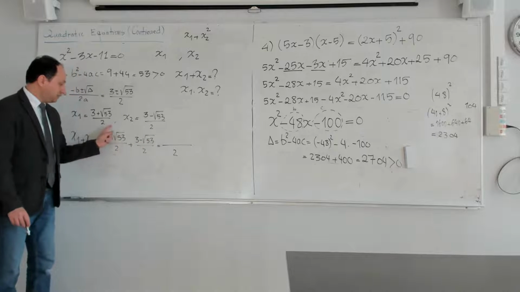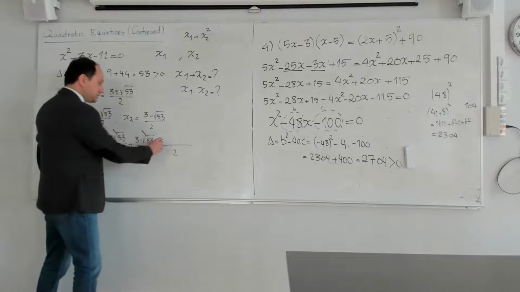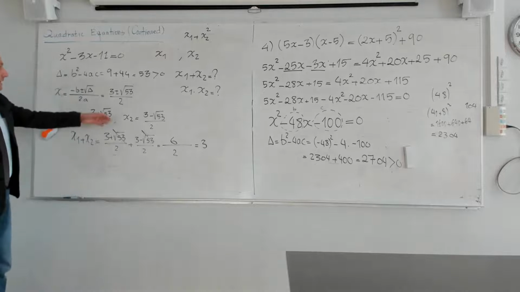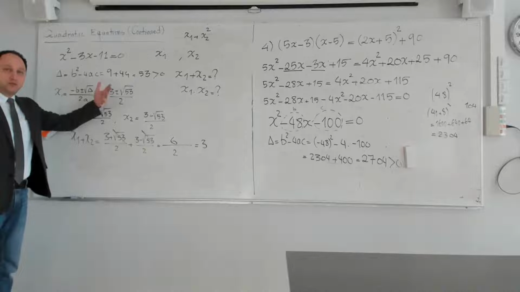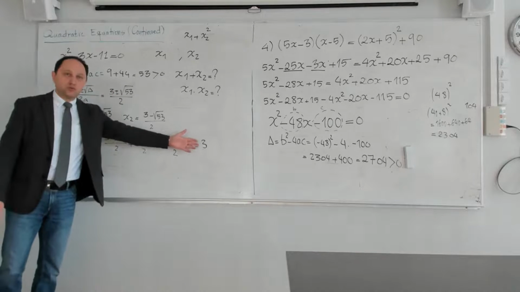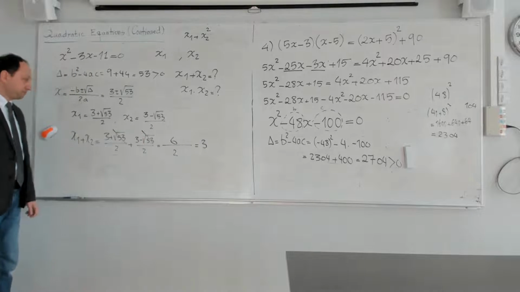So when I add them, this one and that one are gone, and 3 plus 3 becomes 6. And 6 divided by 2 is simply 3. So even if the roots involve square roots, answering x1 plus x2 is super easy, yes? Because that part will be cancelled.